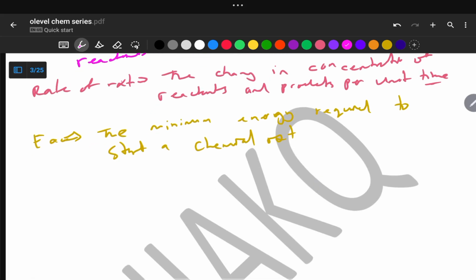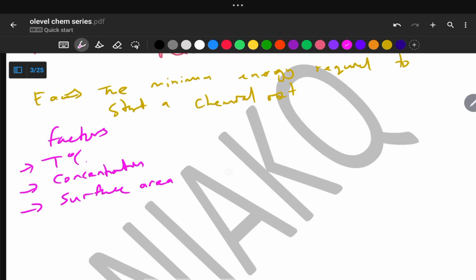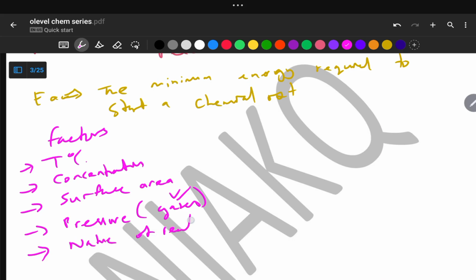So for the factors affecting the rate of a reaction, we have temperature, and then we have concentration, and then we have the surface area, and we have the pressure. So pressure affects the gases, right? Not the solids and the liquids. And then we also have the nature of the reactants.